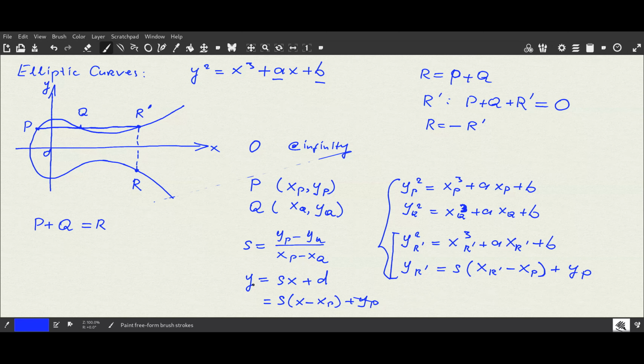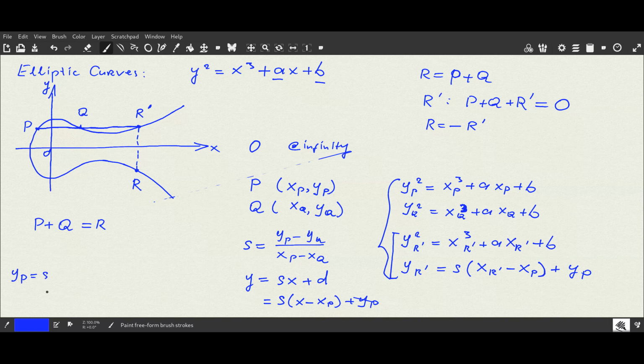Suppose that it is indeed y equals sx plus d, where s is the tangent of the inclination of this line. Now take any base point, really any base point. For example, take xp, yp. Then from this equation we have yp equals sxp plus d.